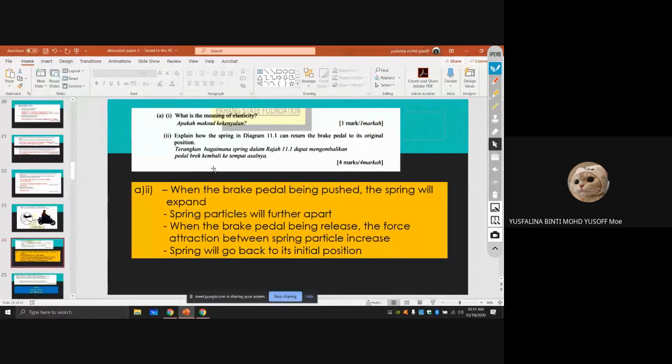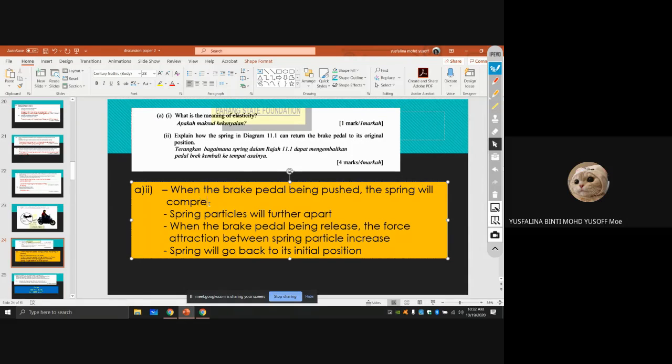Okay, so when the brake pedal is pushed, the spring will expand. Wait, it's not expand. The spring will return to its original position. Okay, I change it.